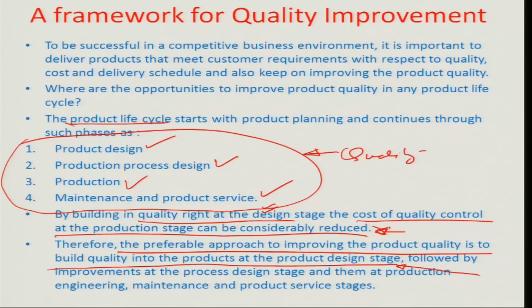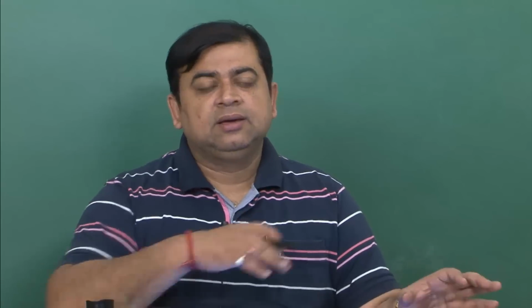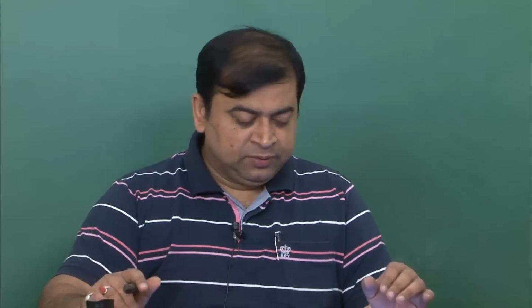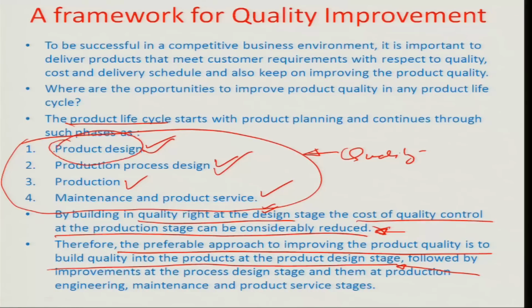Okay, so typically these two stages, design of the product and design of the production process, are very, very critical because this would allow you flexibility to change the overall guidelines, the envisioned system plan, which would ensure that everything is compliant. Okay. So the flexibility can be utilized at the design of the product or the design of the process stage itself.